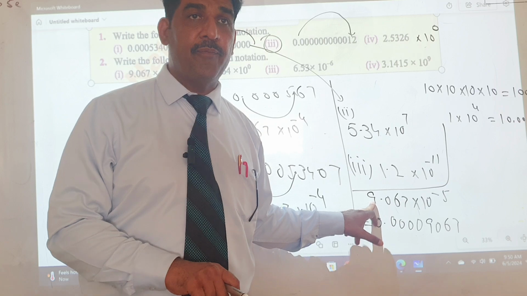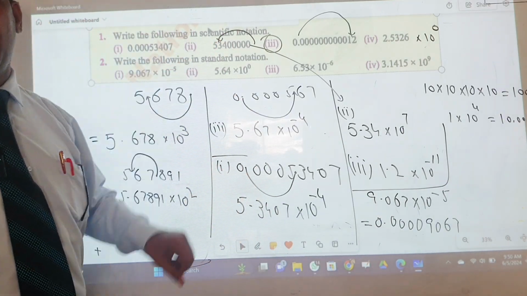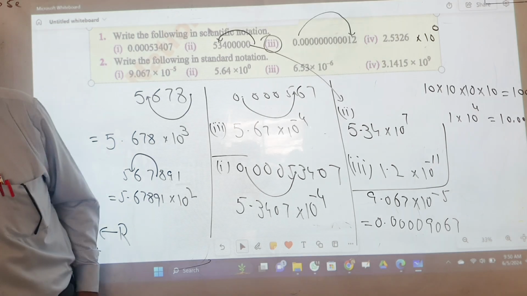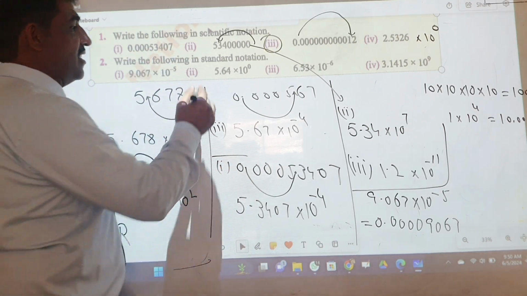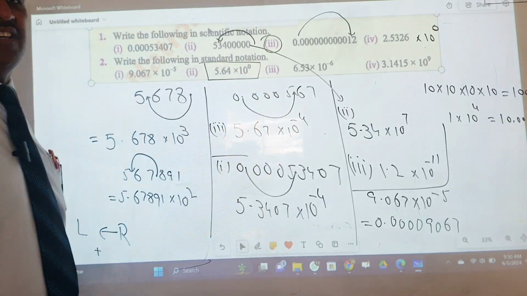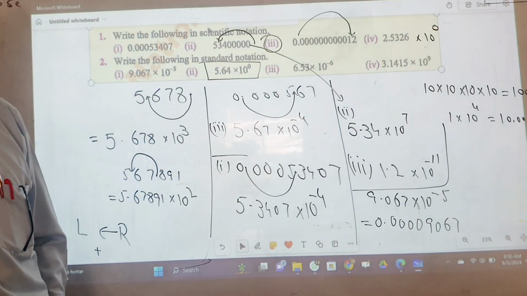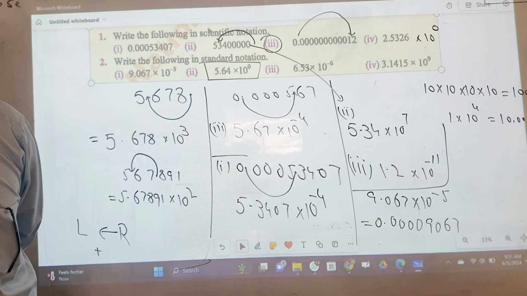Is that clear? Okay, then who will give me the answer of this second part? The second part is written here, 5.64 multiplied by 10 exponent 0. 5.64. Correct. Any variable whose power is equal to 0, then what is it equal to?